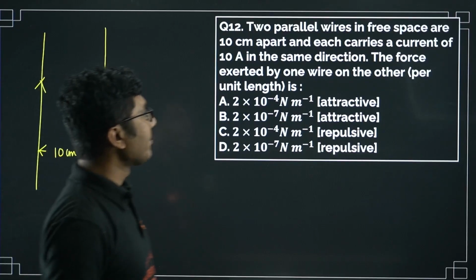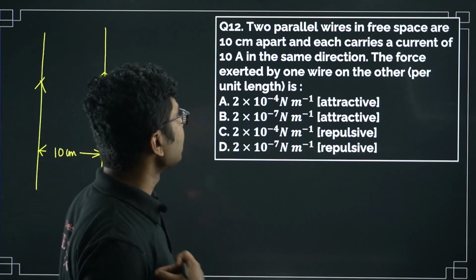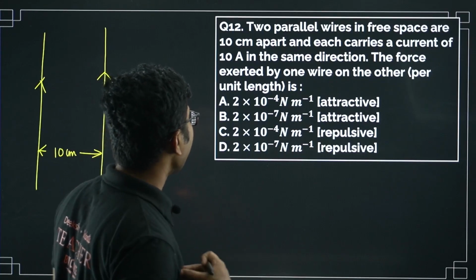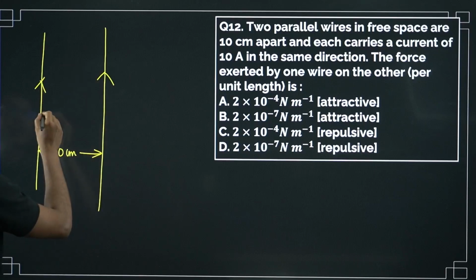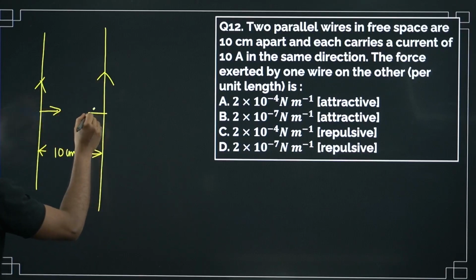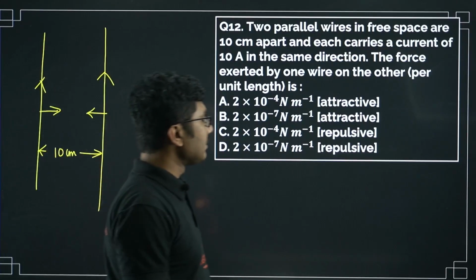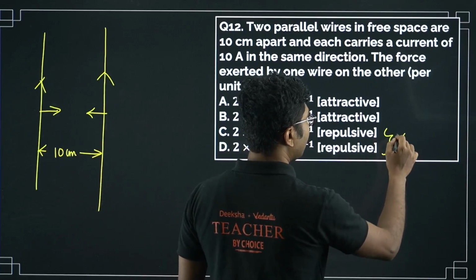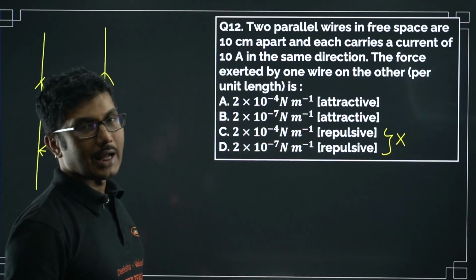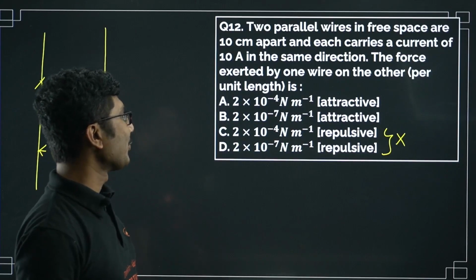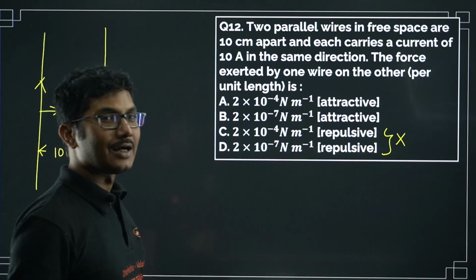You have to find what is the force on each of them. Now what is the direction? Both are carrying current in the same direction, so it will be attractive force. Repulsive options are not correct, so these two are incorrect. So either this one or that one, and we have to find the direction. In fact I can guess the answer.